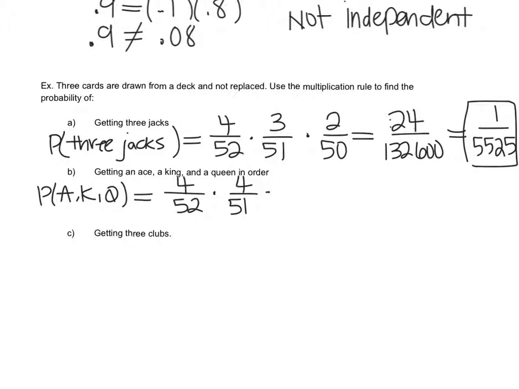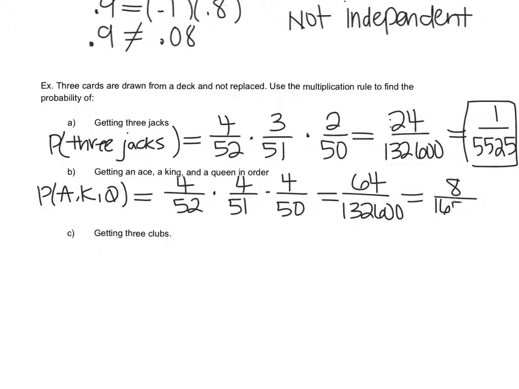And then for my third card to be a queen, there are 4 queens, but now I only have 50 cards to choose from. So that's 4 out of 52 times 4 out of 51 times 4 out of 50, which gives us 64 over 132,600. And when we simplify this fraction, we get 8 out of 16,575.